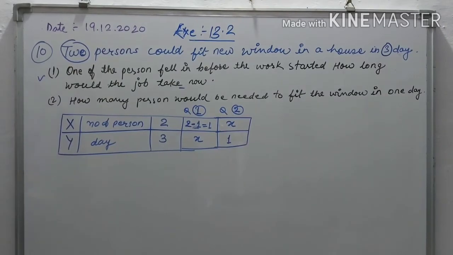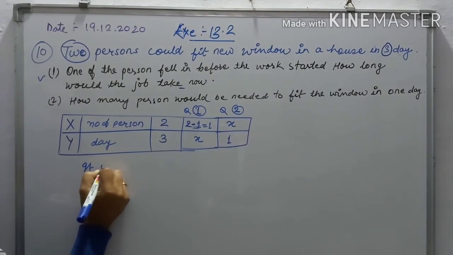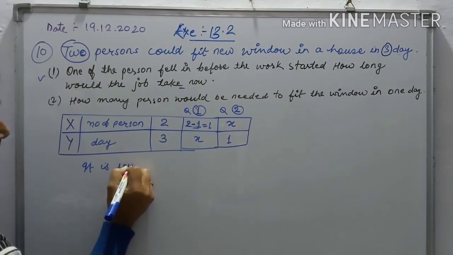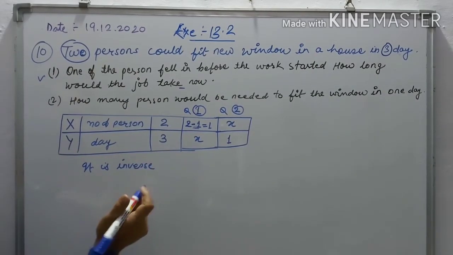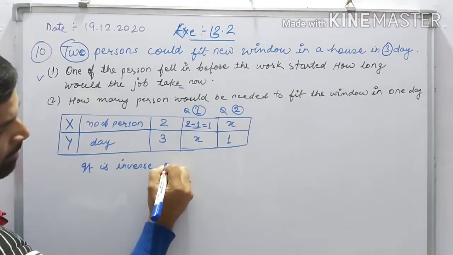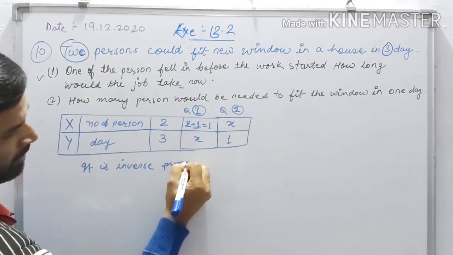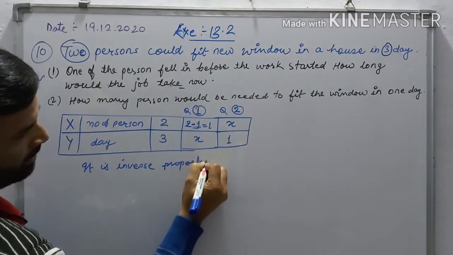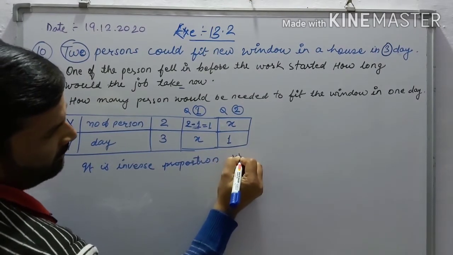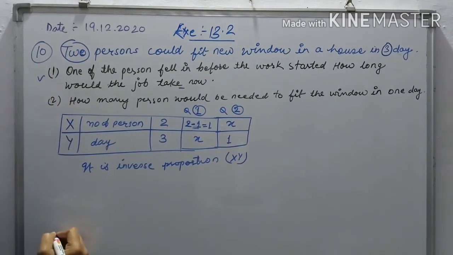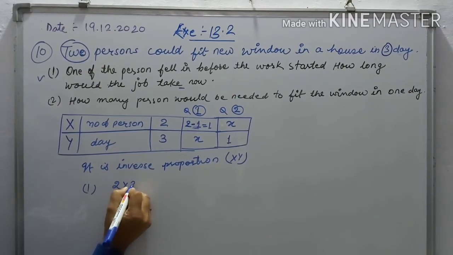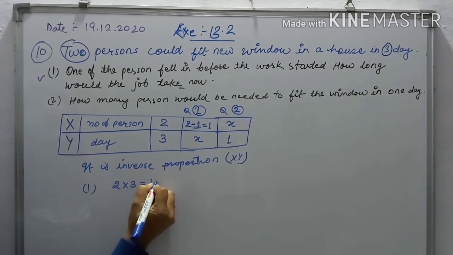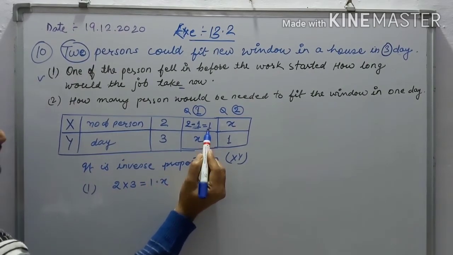Okay, so it is inverse proportion. It means x times y is constant. First we solve 2 times 3 is equal to 1 times x, because the number of persons is 1.